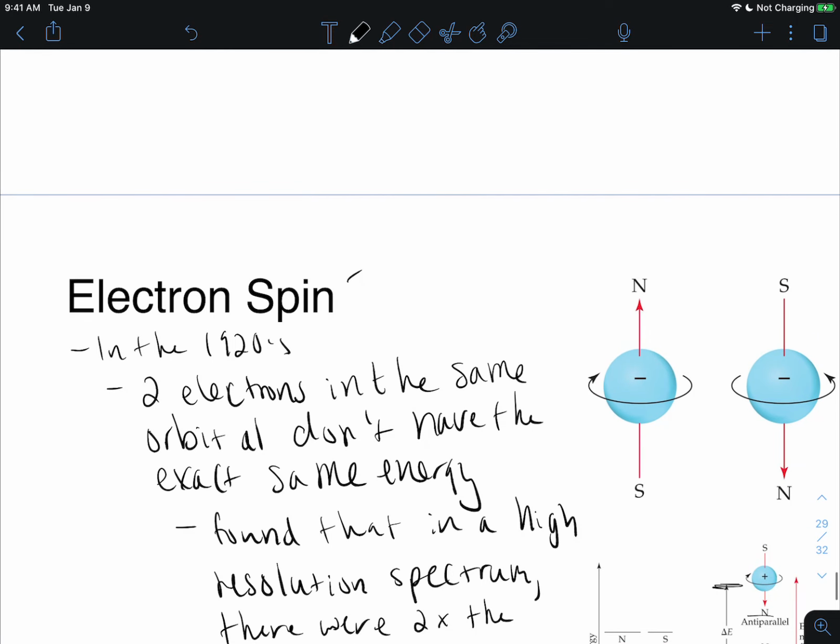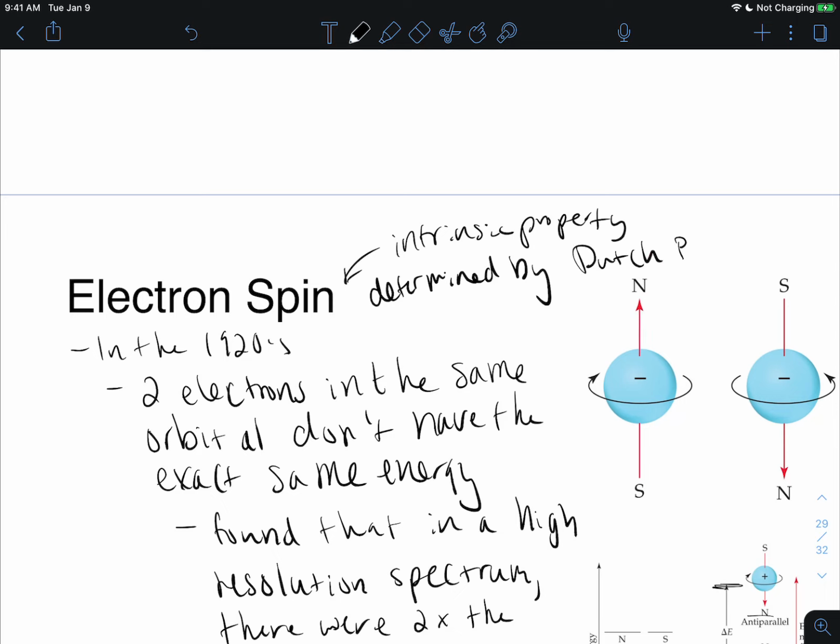So this is an intrinsic property determined by Dutch physicists George Uhlenbeck and Samuel Goudsmit.